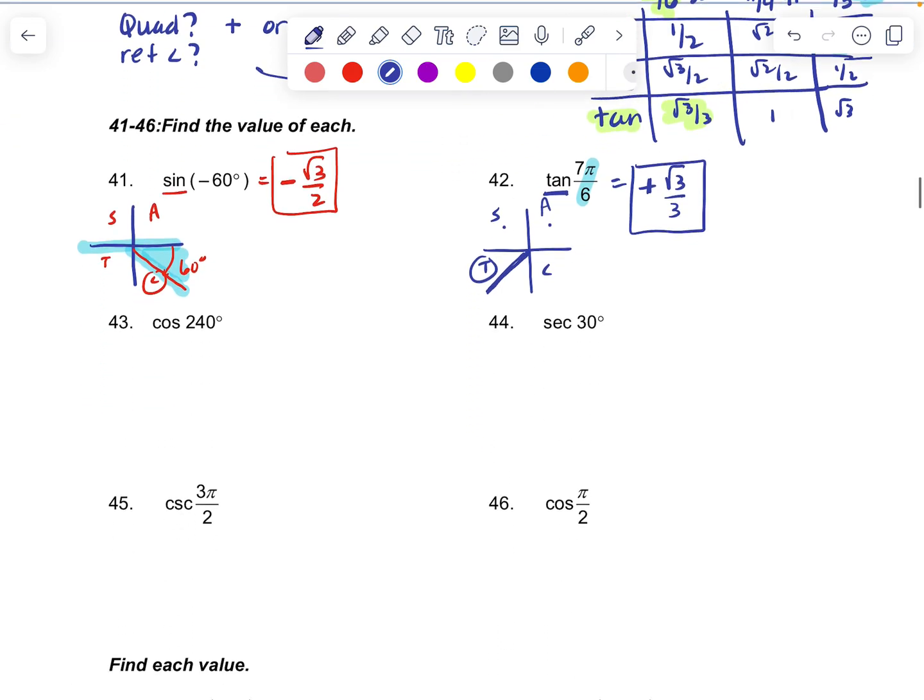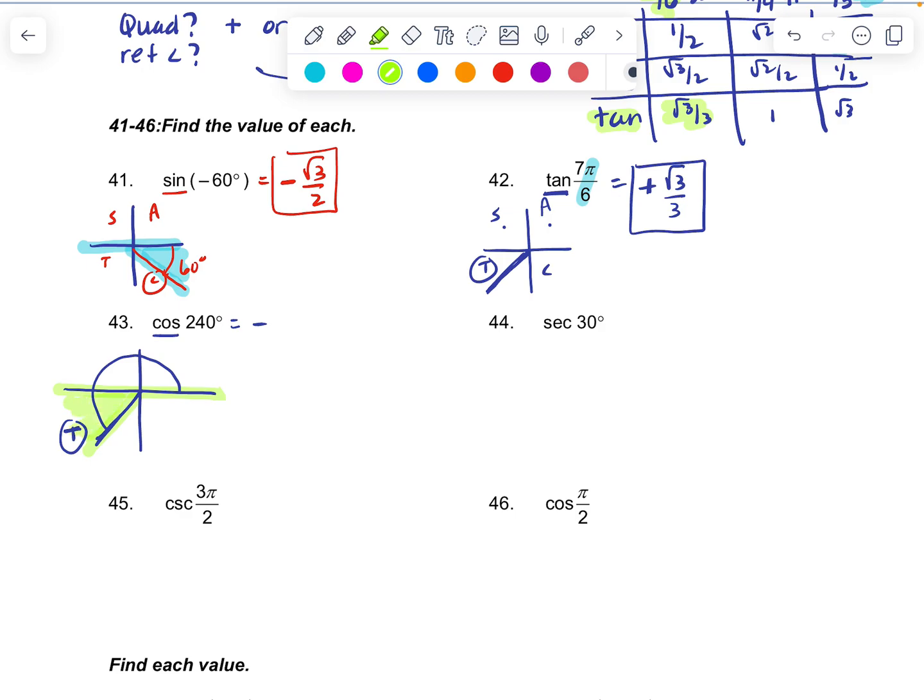Number 43, cosine of 240 degrees. So this is 90, 180, 240 is somewhere around right there. I'm again in quadrant 3, which is the T quadrant, right? So if tangent's positive there, that means that cosine is negative there. And then what's my reference angle? Again, formed by the x-axis and the terminal side.